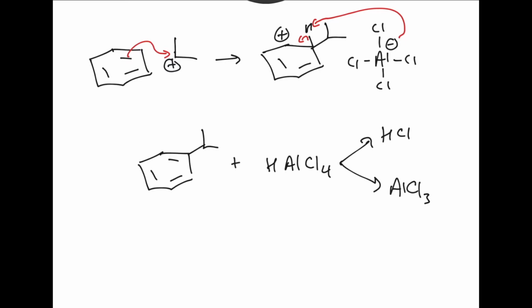So in simple cases, this is pretty straightforward. We just have to identify the carbon that has our halogen, identify the carbon on the benzene that we're going to make the bond to, and you just get your product. Connect the dots.